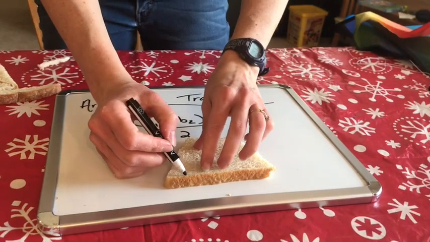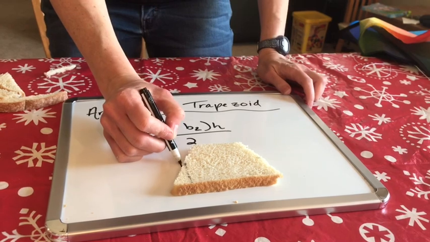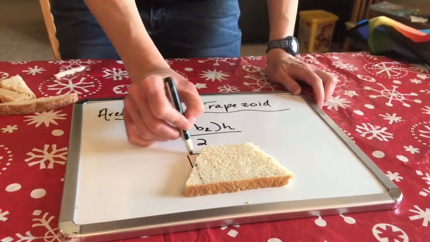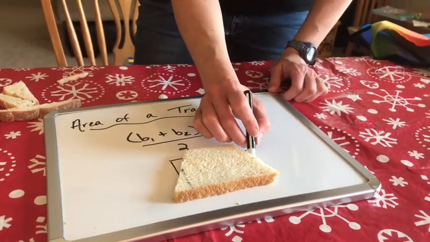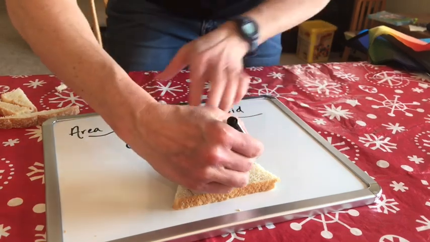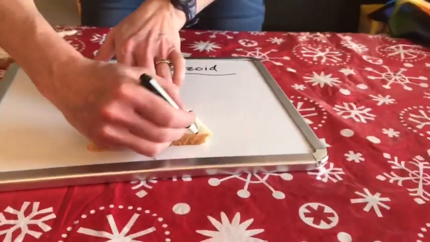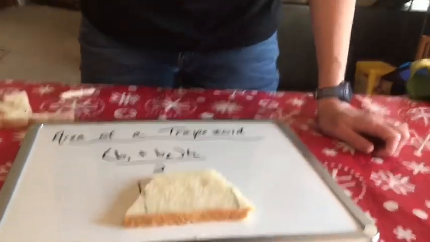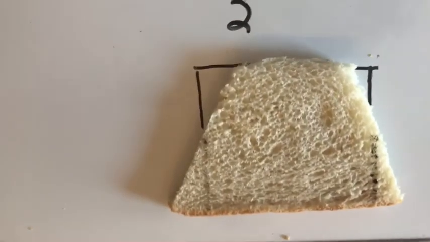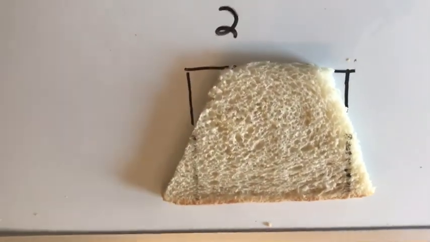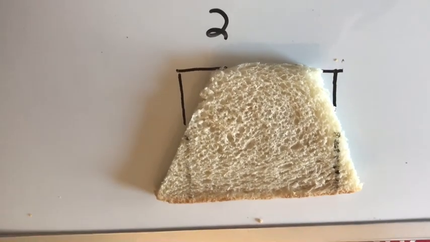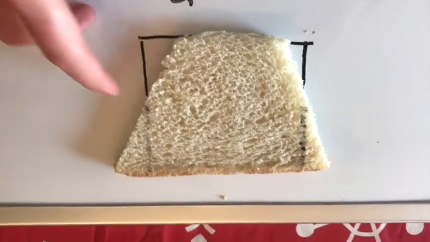And I'm going to draw a rectangle that is the average of the two bases. This rectangle is the average of the bases times the height.